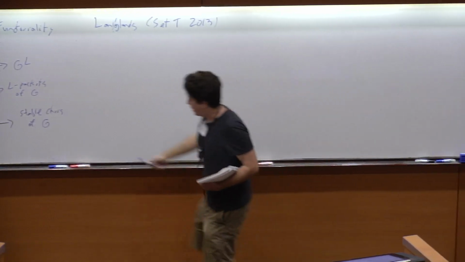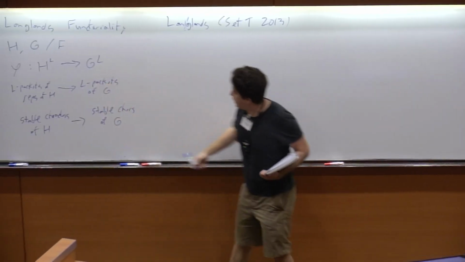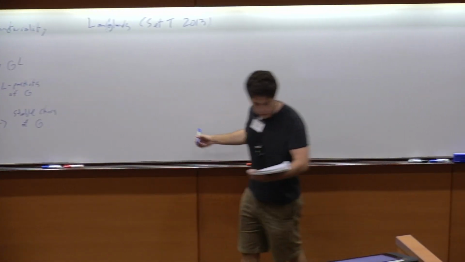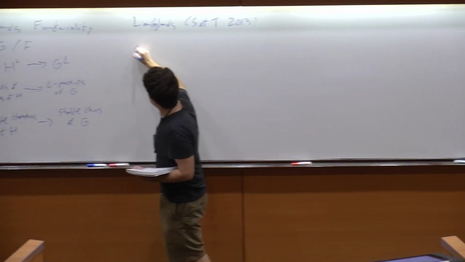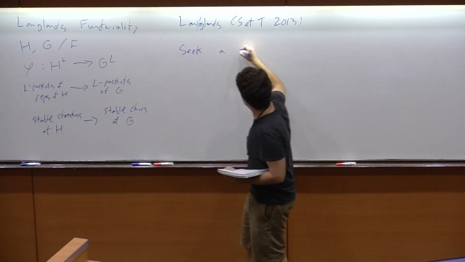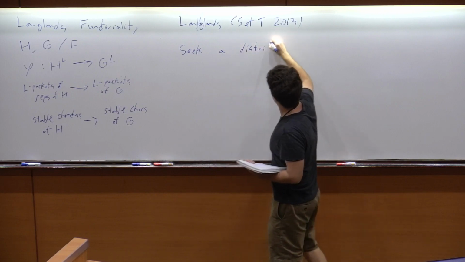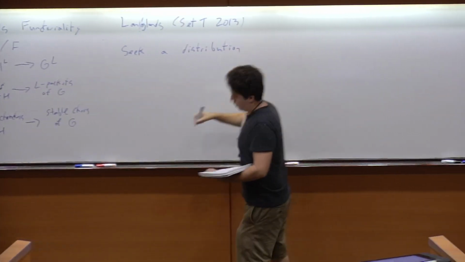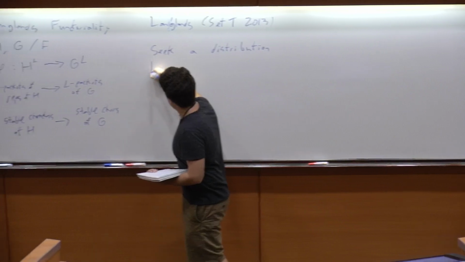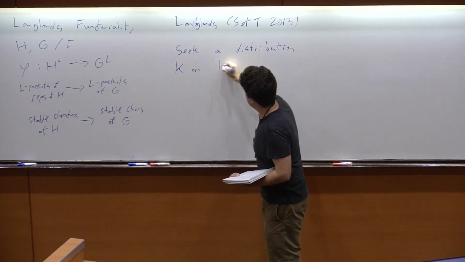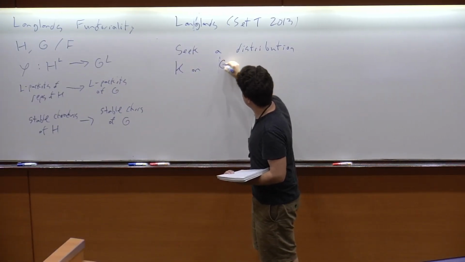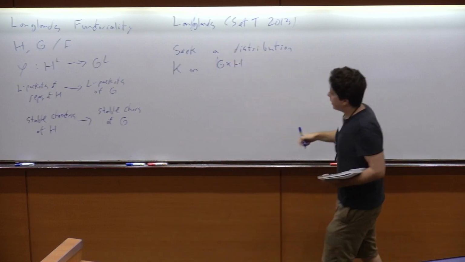says that perhaps we should take this second view of functoriality and try to make it more explicit in the following sense, that we should seek a distribution. So let's call it K on the product of G times H. And I'm lying somewhat.